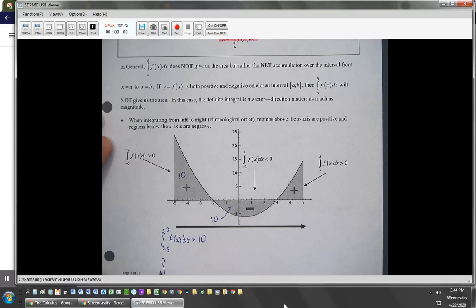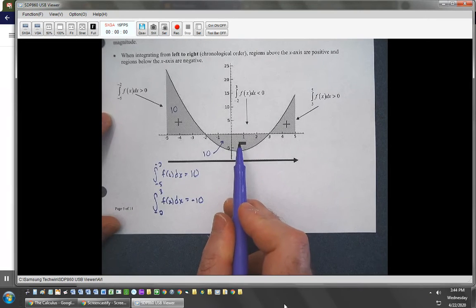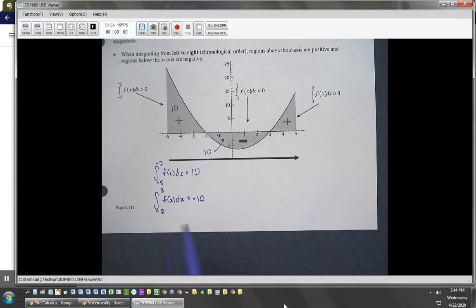If I said what's the integral from -2 to 3 of f of x dx, you would say -10. Now that area is 10, but the integral would be -10.